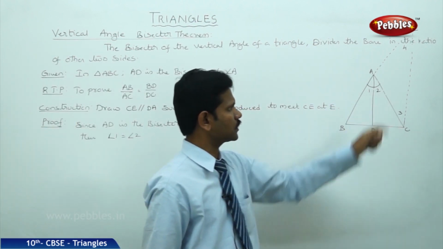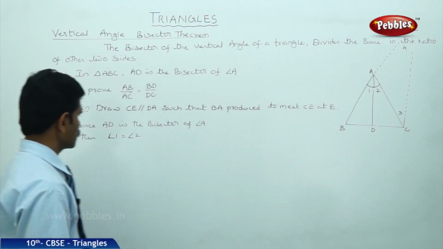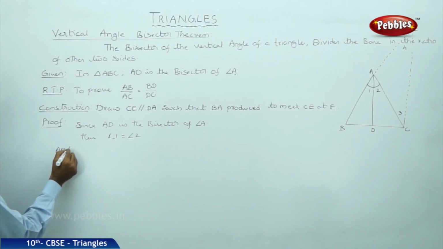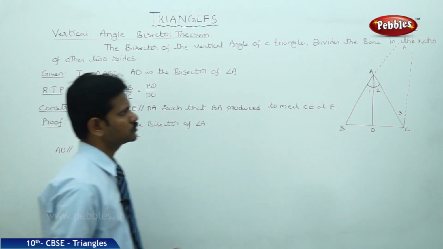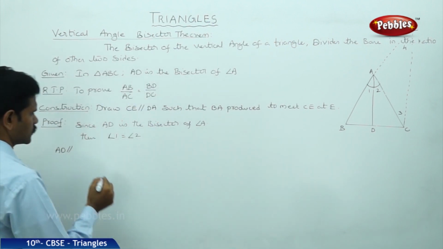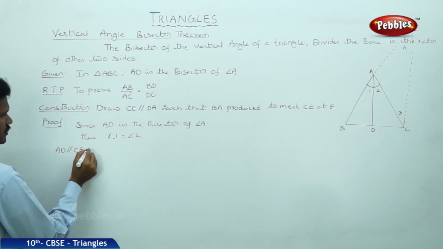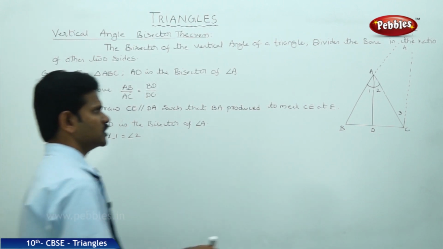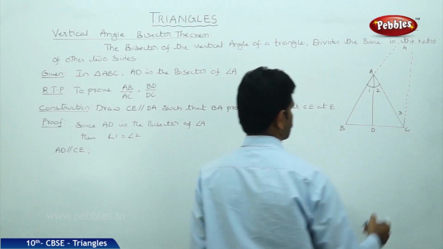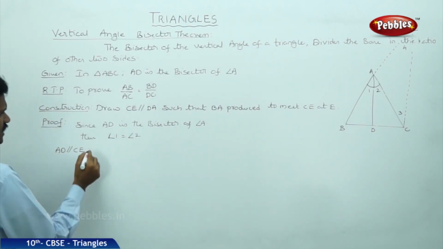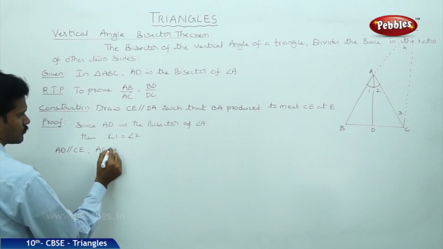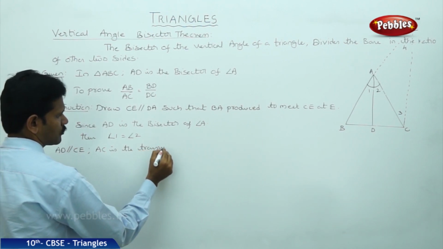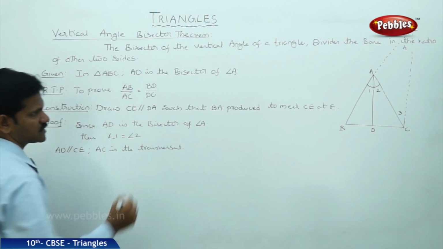These two are equal. Next, AD is parallel to CE, and AC is the transversal.